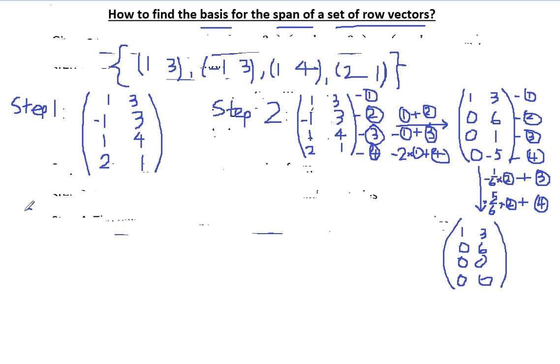Now step 3, we identify the rows. From here, row 1 and row 2 have leading entries, as you can see here. And now step 4, we can write the basis.